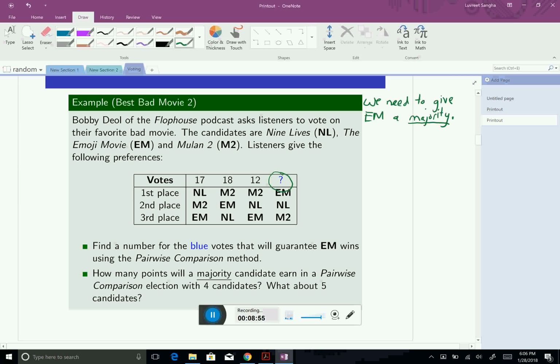Why, if someone has a majority, will they win all their matchups? So what I'm claiming here is, if a candidate has a majority, then they win all of their matchups.